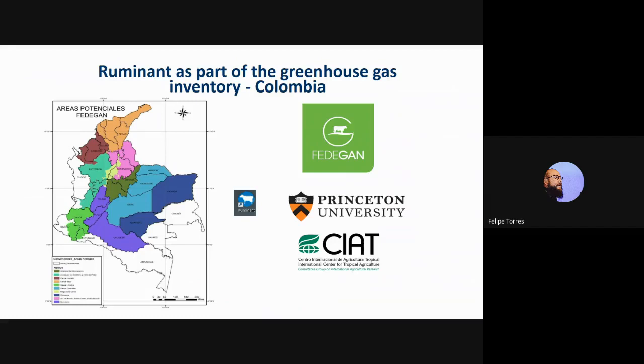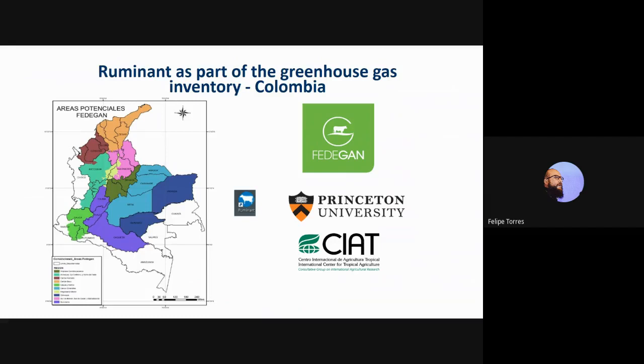In this way, we have, in the first biennial report for Colombia and the third communication on climate change, around 70 emission factors for ruminants.